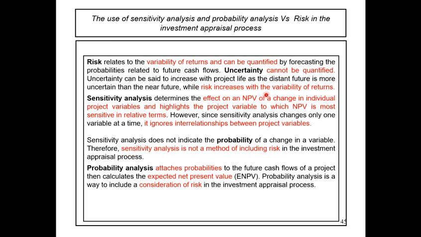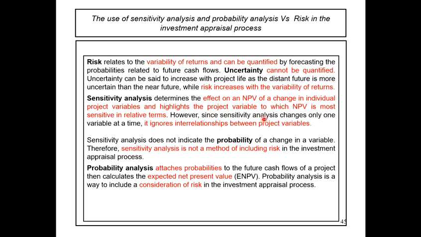While risk increases with the variability of returns. Sensitivity analysis determines the effect on NPV of a change in individual project variables and highlights the project variable to which NPV is most sensitive in relative terms. Itulah sensitivity. Kita tengok mana satu lebih sensitif.